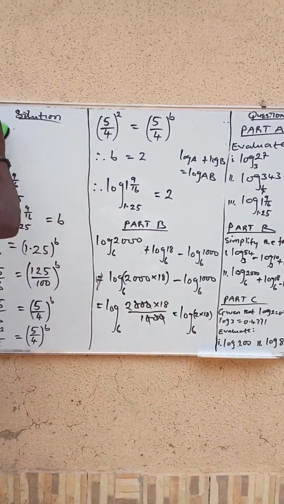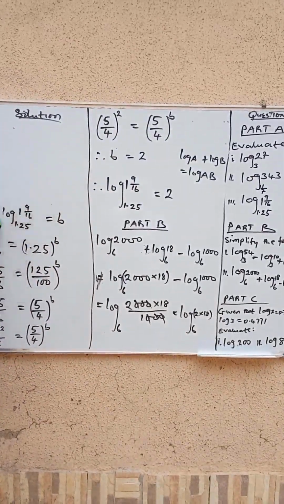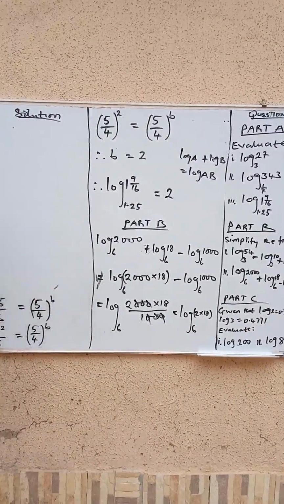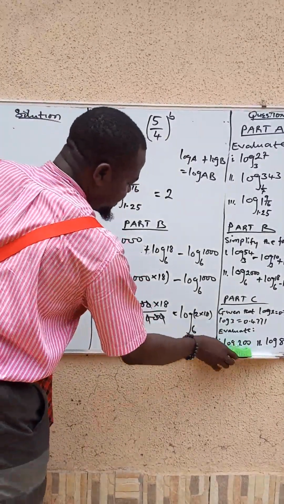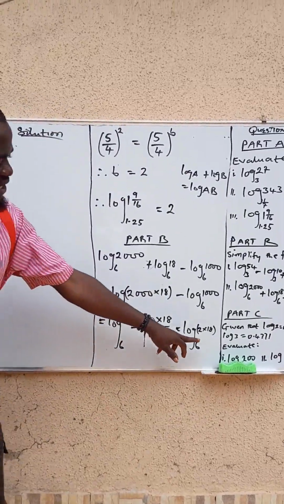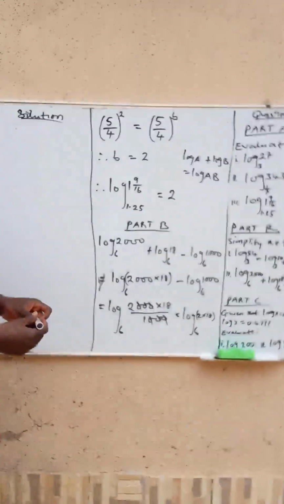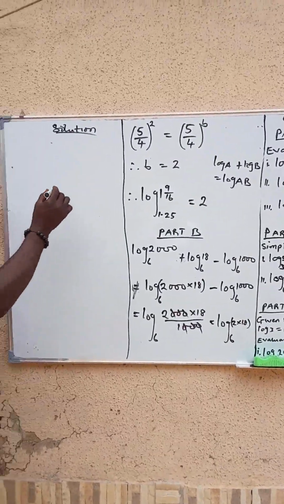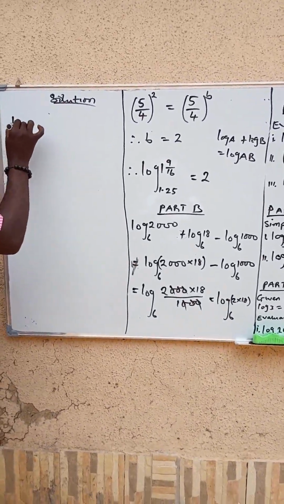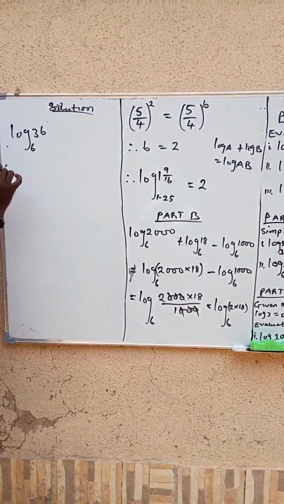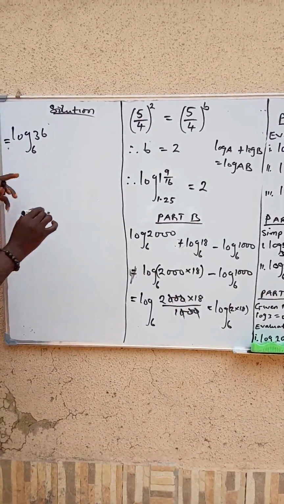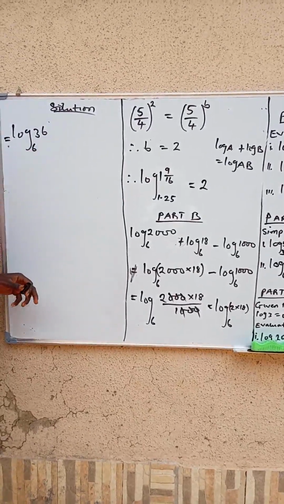And if I do it that way, I'll have done justice to it. So this simply means, if you look at this very well, 2 times 18 is 36. I have log 36 to base 6. You know 36 is 6 times 6.